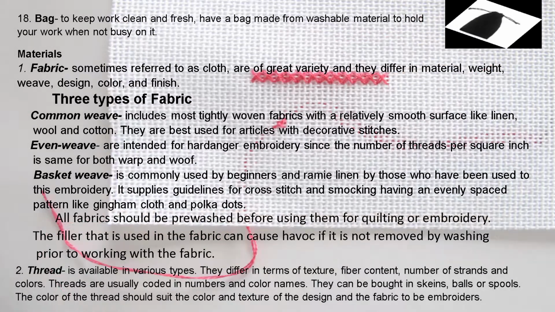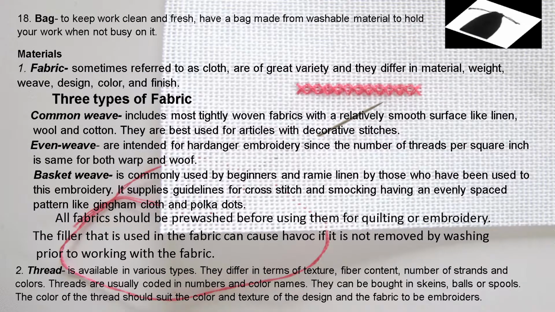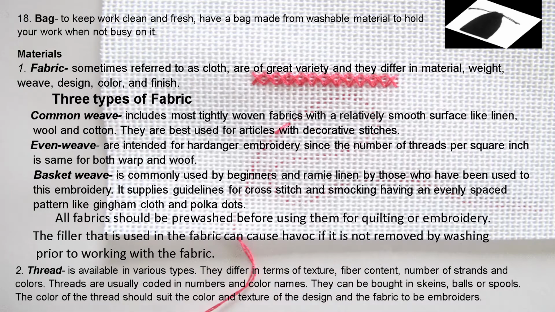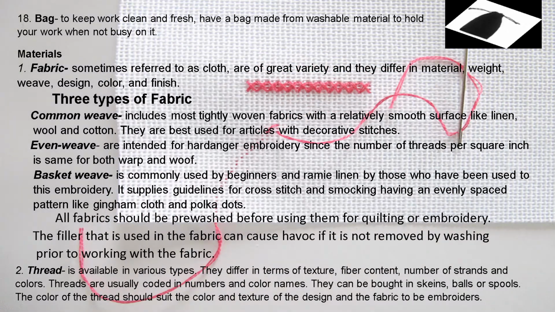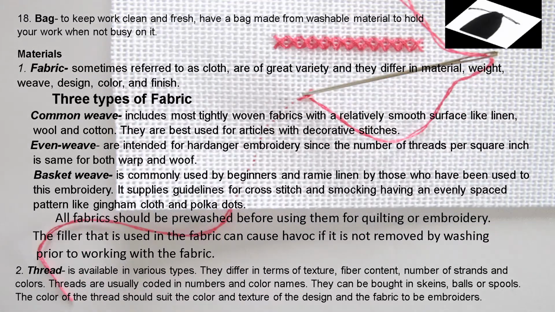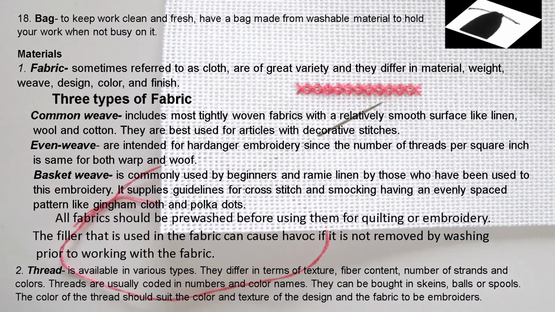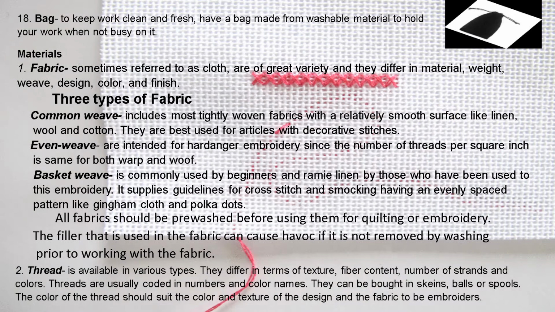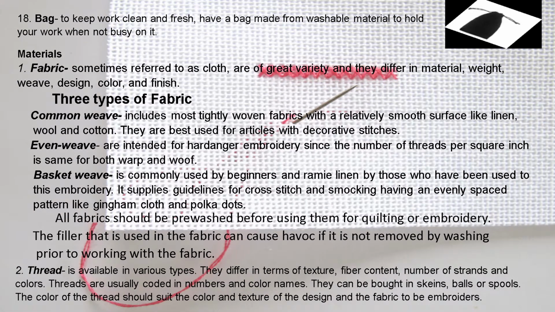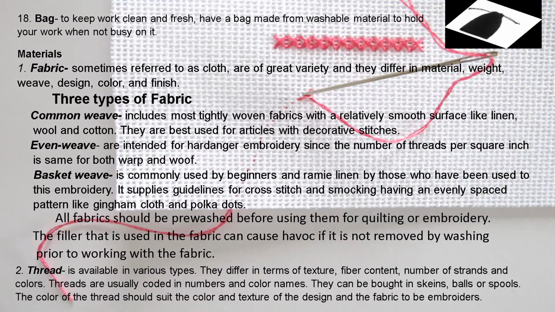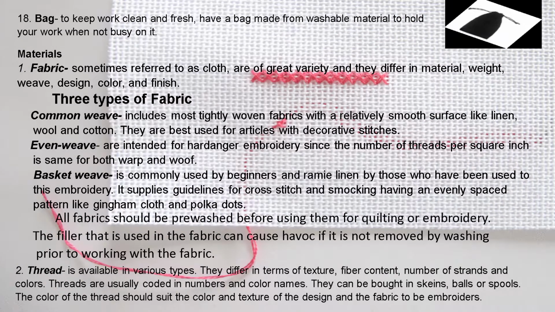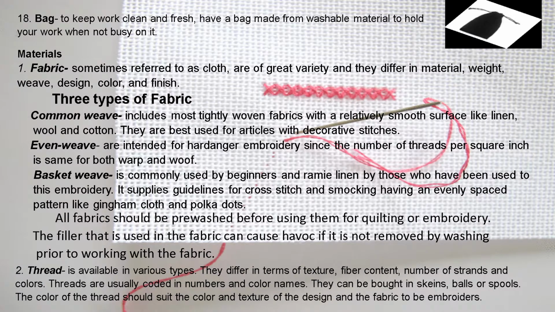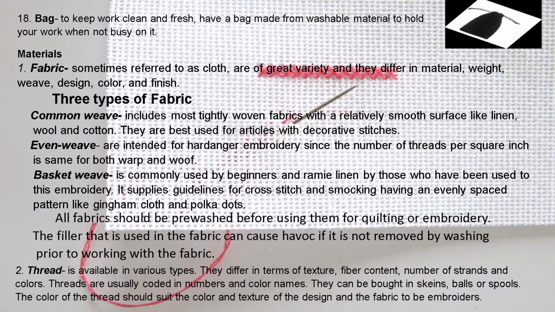Let's proceed to materials. The first material we have is the fabric, sometimes referred to as cloth. Fabrics are of great variety and they differ in material, weight, weave, design, color, and finish. There are three types of fabric. The first type we have is common weave, which includes most tightly woven fabrics with a relatively smooth surface like linen, wool and cotton.